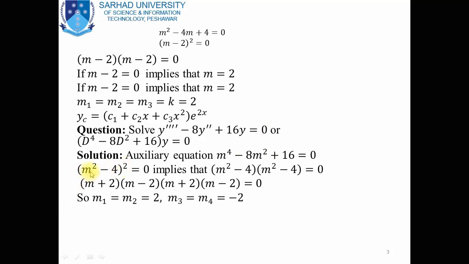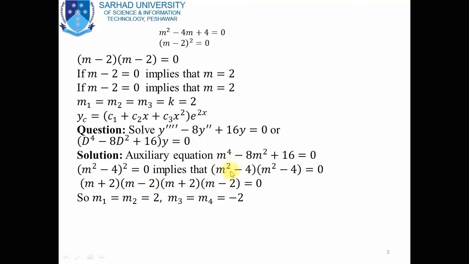And this equation can be written by using the formula (a minus b) whole square. We can write (m^2 minus 4) whole square is equal to 0, and (m^2 minus 4) whole square can be written as (m^2 minus 4) into (m^2 minus 4), which implies (m plus 2)(m minus 2) and (m plus 2)(m minus 2).